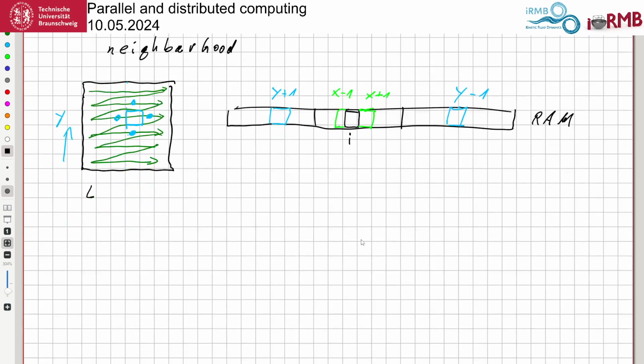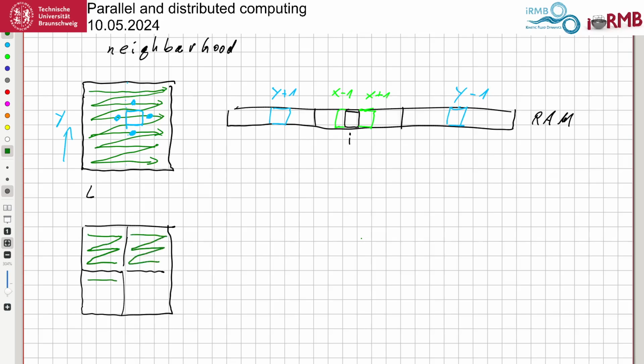So what you could do then is not to store data like this. Maybe you can subdivide this thing like this, and then you store the data like this. Actually, this is what we are doing in the homework, right?